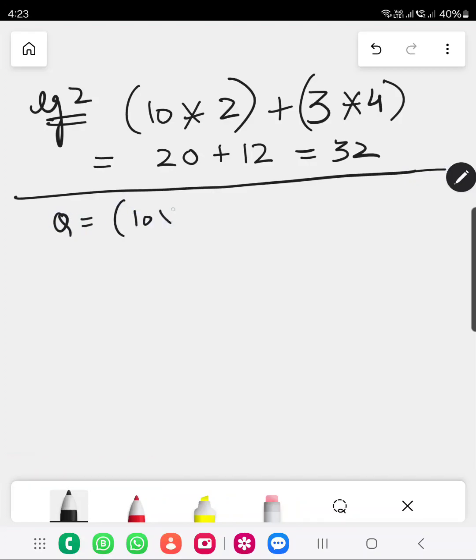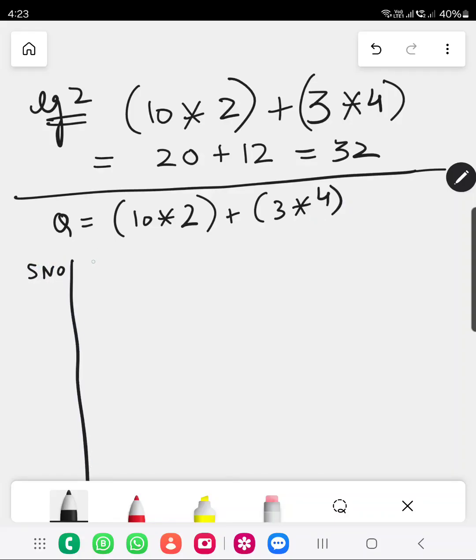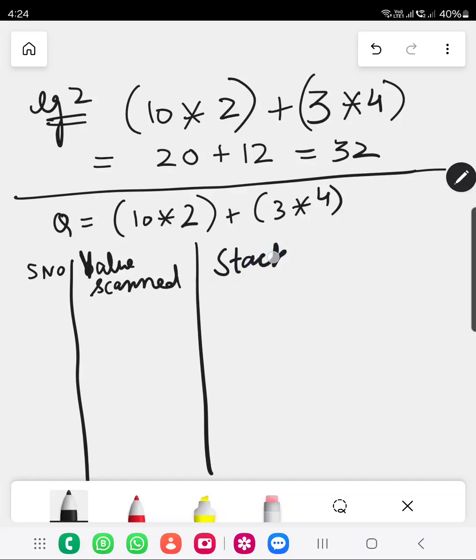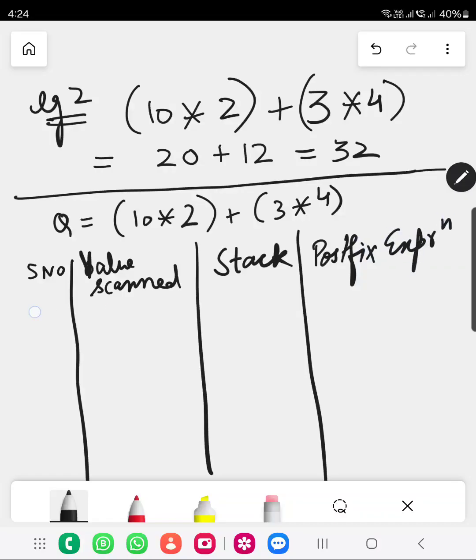So Q equal to 10 into 2 plus 3 into 4. All right, now we have the serial number. We again have the symbol scanned, then the stack itself, and then the resultant postfix expression.